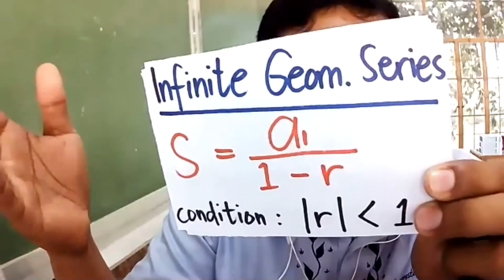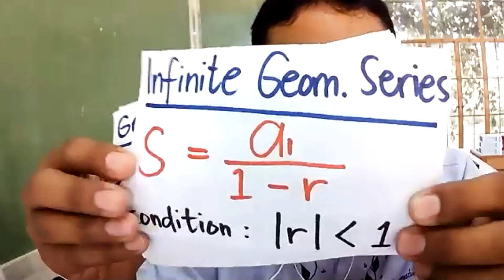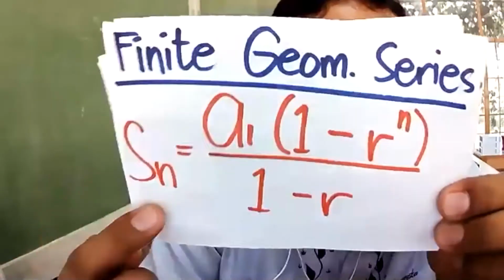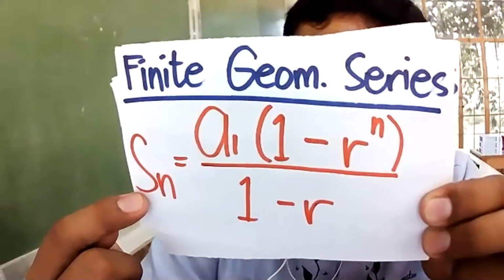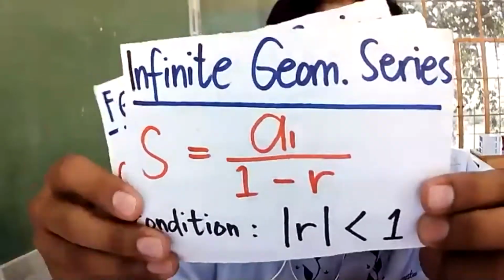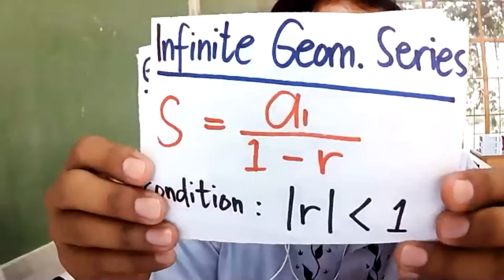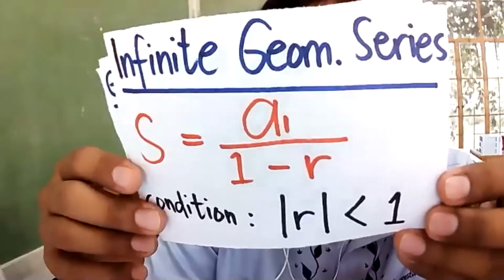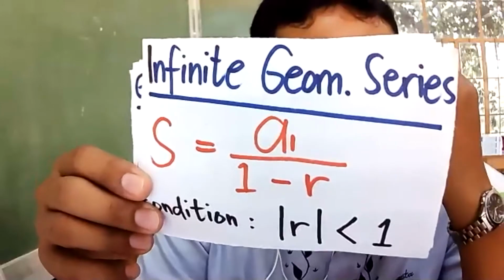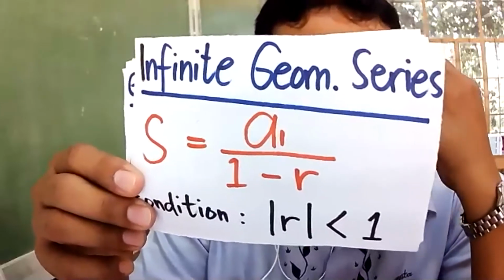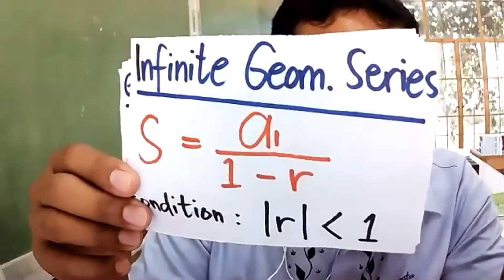So, unlike S sub n, there are a specific number of terms. In the infinite, from the word itself, infinite, there's no end. Tuloy-tuloy. And if you will look at it, how can that be? How can there be a sum if it's infinite?